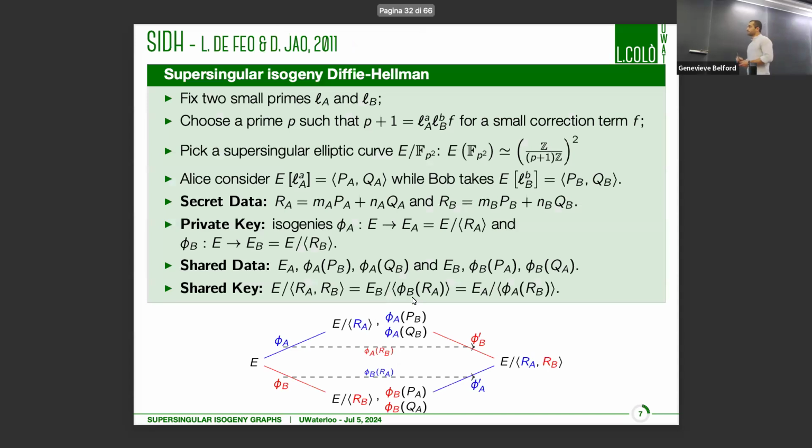So when we talk about supersingular isogeny graphs in cryptography, there are two main families of protocols for key exchanges. One is SIDH, which was proposed in 2011 by Luca De Feo and David Jao. And this is not really an adaptation of Couveignes, Rostovtsev, and Stolbunov in the supersingular case.